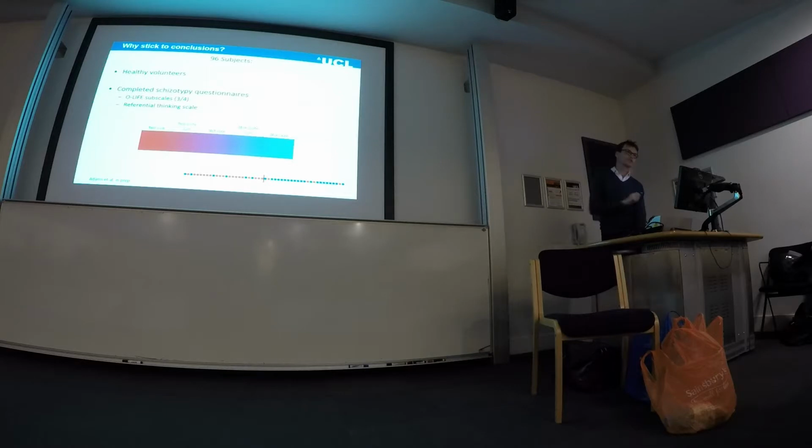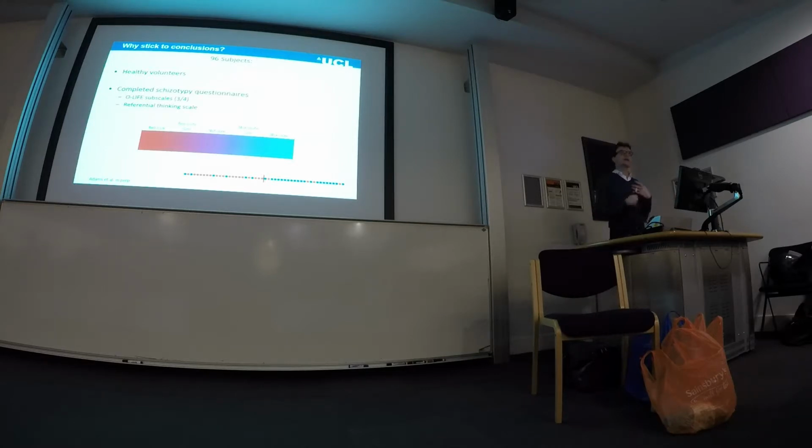So we have healthy volunteers from our ICN subject pool, about 96 people who all completed these schizotypy questionnaires. Schizotypy is essentially a measure of not even symptoms, but beliefs or experiences that are somewhere akin to being psychotic, but are clearly not psychotic.